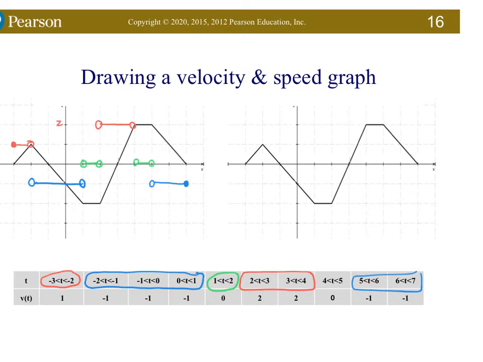Now, how do I make it a speed graph? Well, speed is the absolute value of velocity. And so my pieces of velocity that were already positive stay positive. There's no change in those. And the pieces that were already zero stay zero. But the pieces of the velocity graph that were negative will now become positive.